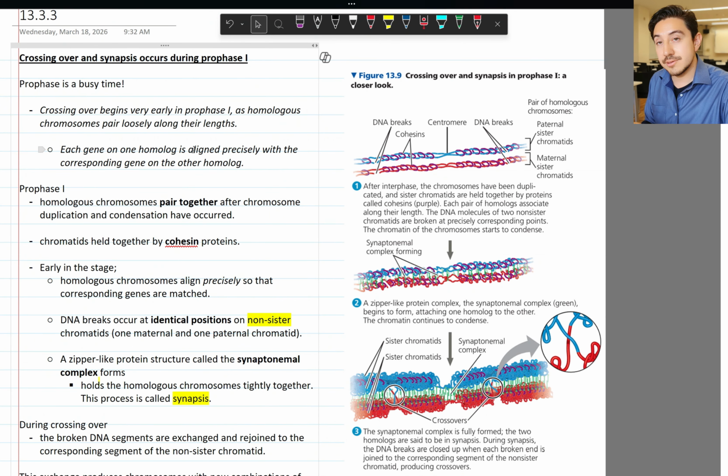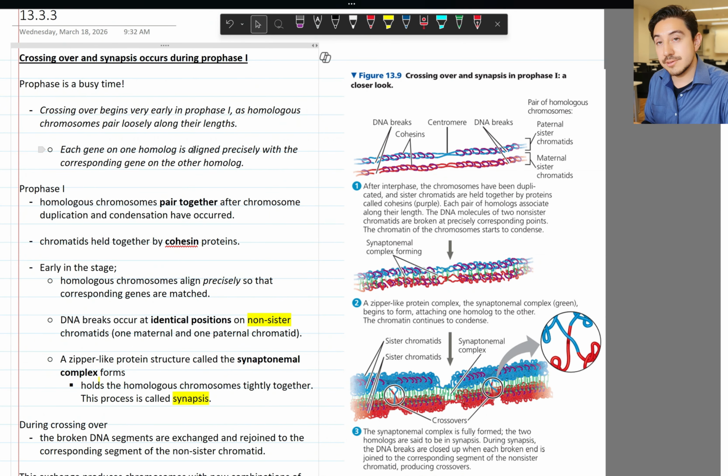Remember, just one of the chromatids from each of the homologous pair. And then, as we go along, those clipped areas will get exchanged. So they'll connect with the other and create what you'd see in this little diagram here. So now the maternal will join with the paternal chromatid and vice versa.